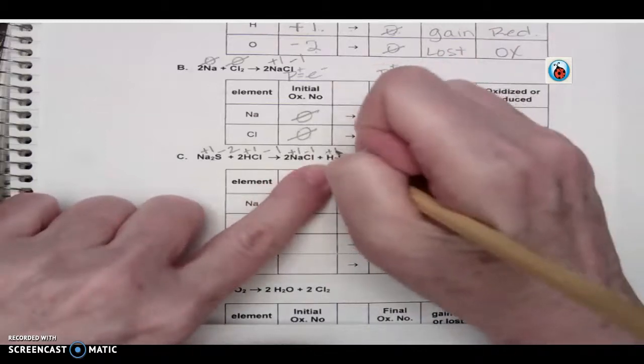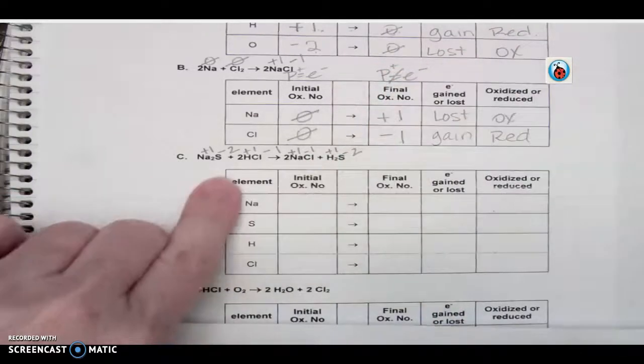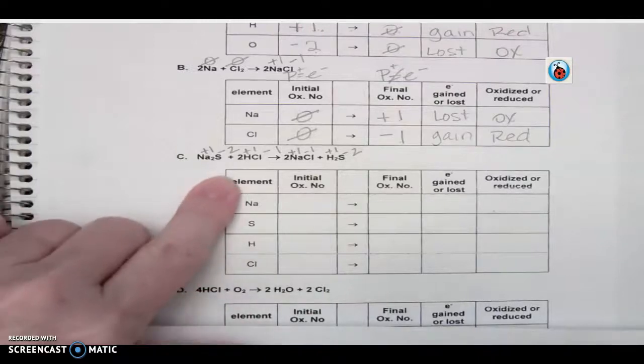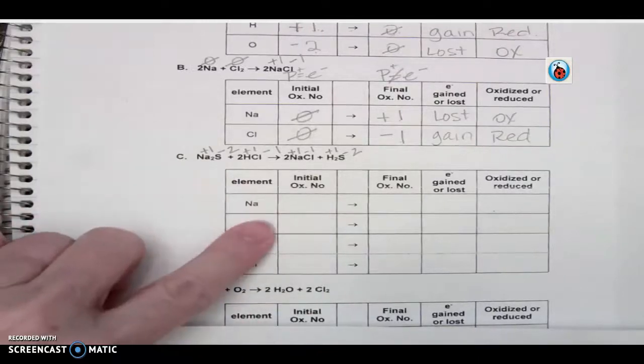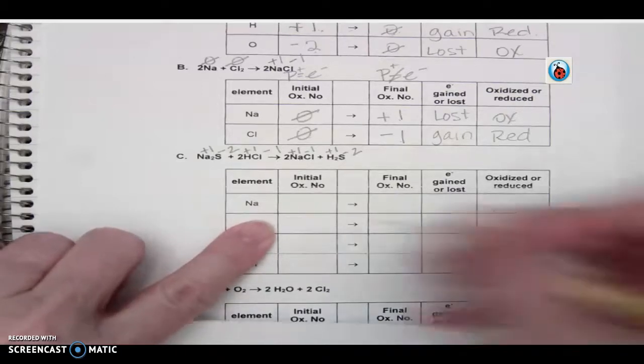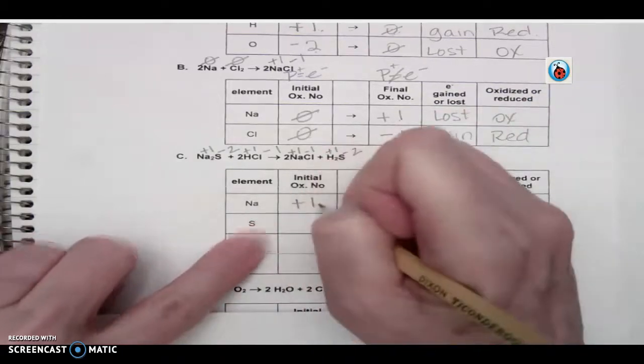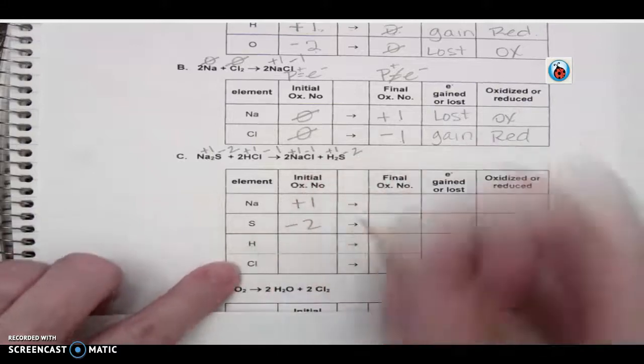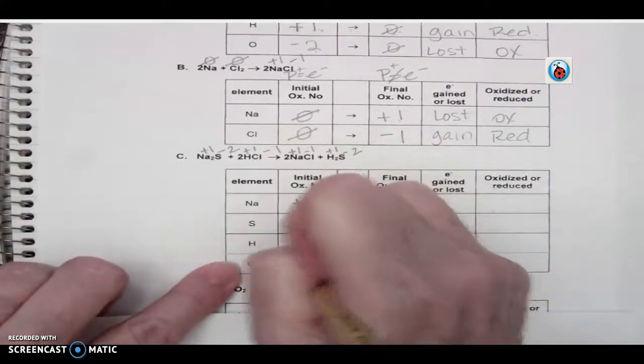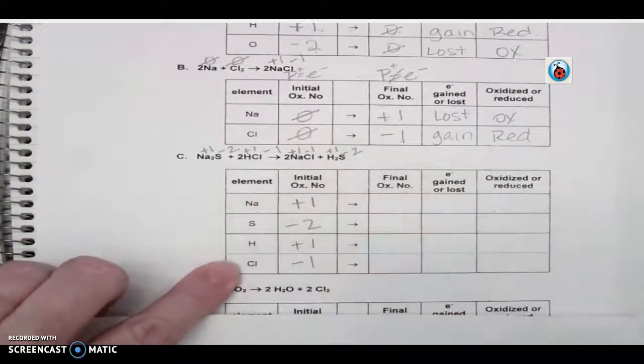So assign all your oxidation numbers, okay, from your ion chart. All right, let's fill this in. Before the reaction, what do we have? Sodium's a +1, sulfur's -2, hydrogen's +1, chlorine's -1.